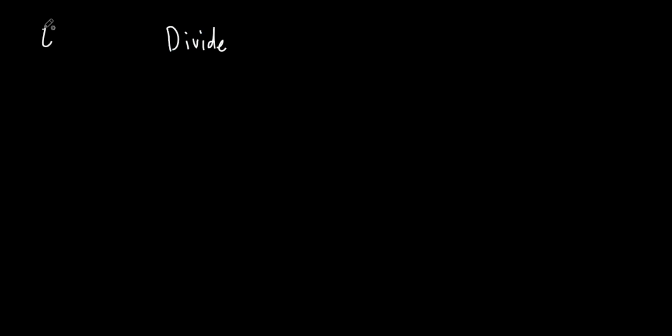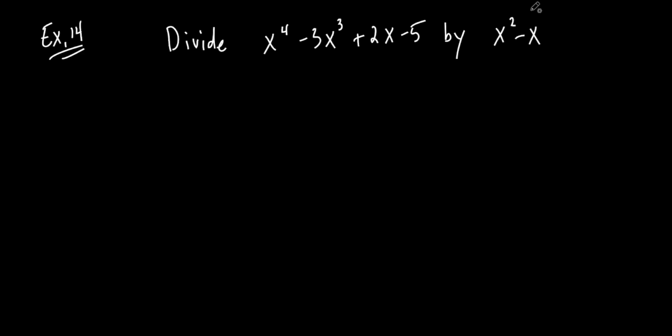So it says divide x to the 4th minus 3x cubed plus 2x minus 5 divided by x squared minus x plus 1.